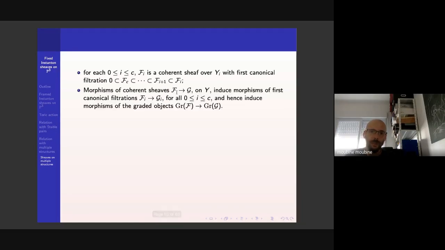Okay, and the other important property is that it is compatible with morphisms of sheaves. So filtrations go to filtrations, and so we have a morphism from the graded object to the other one.